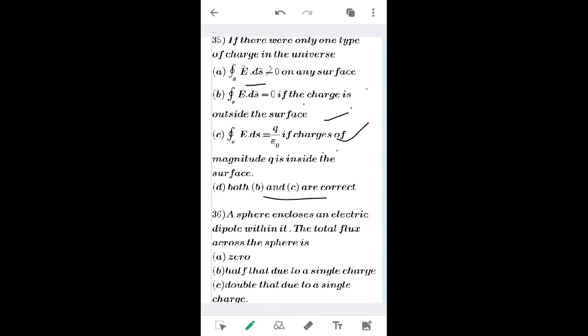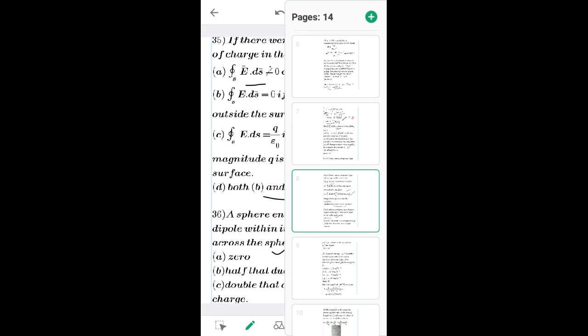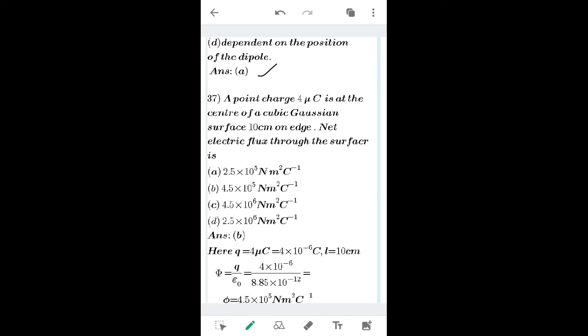A sphere encloses an electric dipole within it. The total flux across the surface is 0 because it is a dipole. The net charge will be 0. Therefore, the option is 0. So, if there is a surface and there is a dipole inside it, the net charge on this surface will be 0.